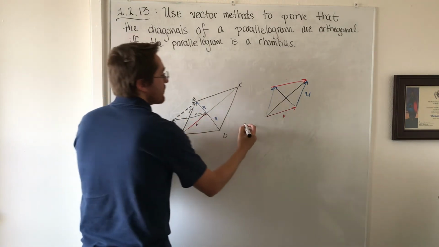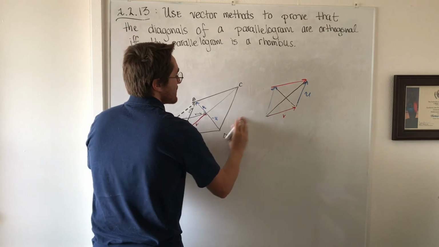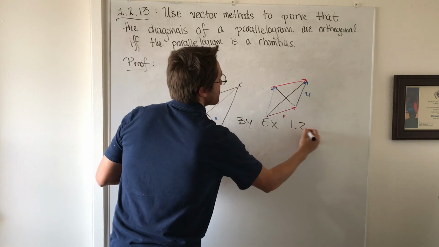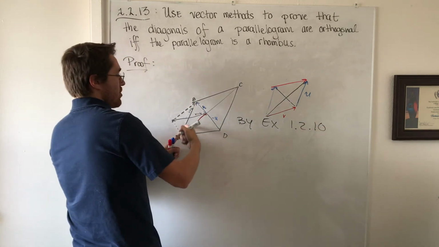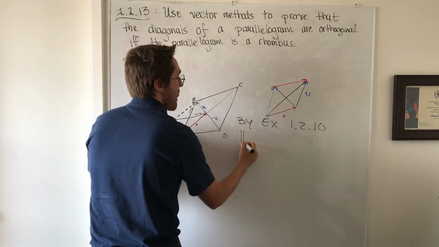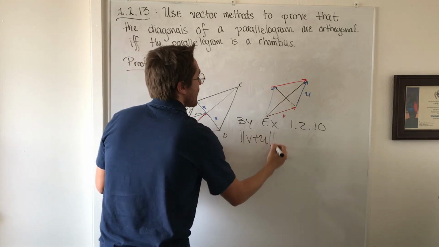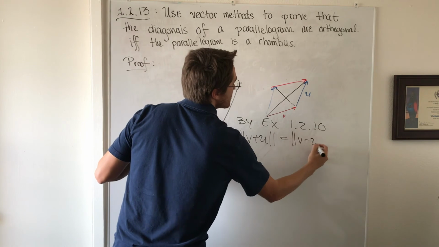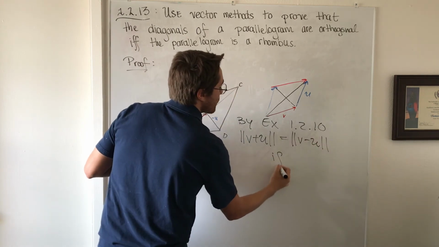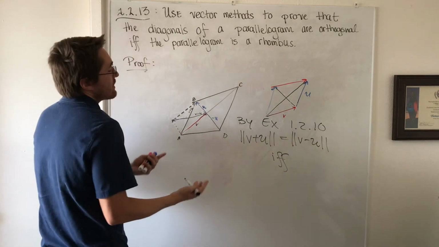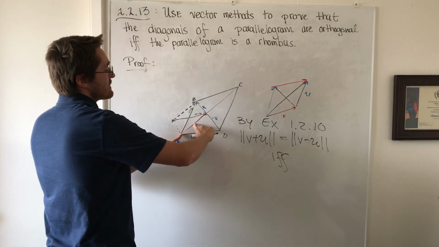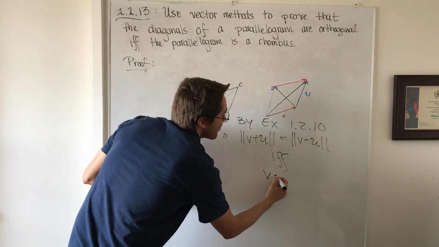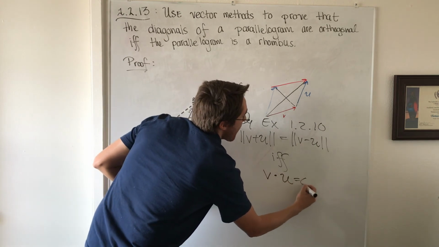So the norm of v, let me say by exercise 1.2.10, the norm of this one, v plus u, equals the norm of that one, v minus u, if and only if what? Remember, if this is perpendicular with that, meaning that v dotted with u would be equal to 0.